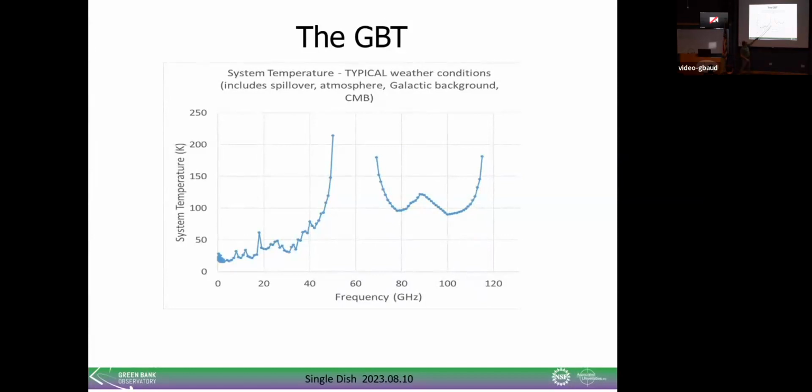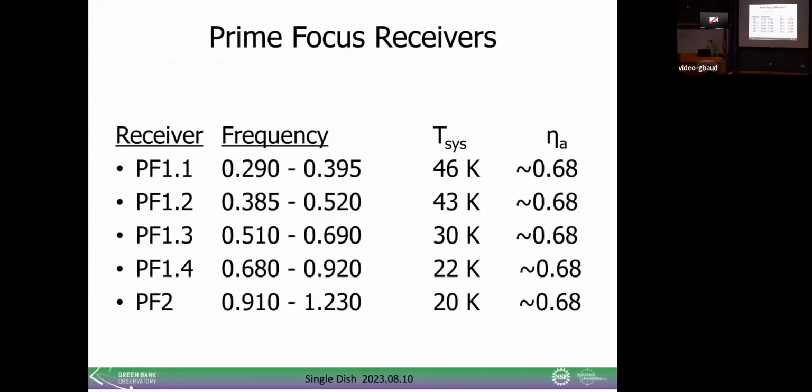As you get away from the oxygen line a little bit higher, the system temperature is around 100K or something like that. It's mainly due to the atmosphere; the receiver temperature is actually fairly low. The spillover is low, but the atmospheric contributions are the largest source at frequencies above 40 gigahertz.